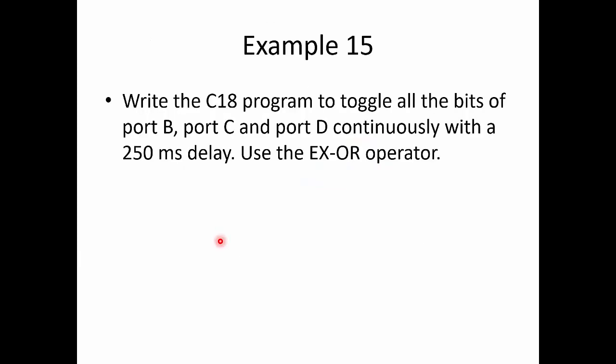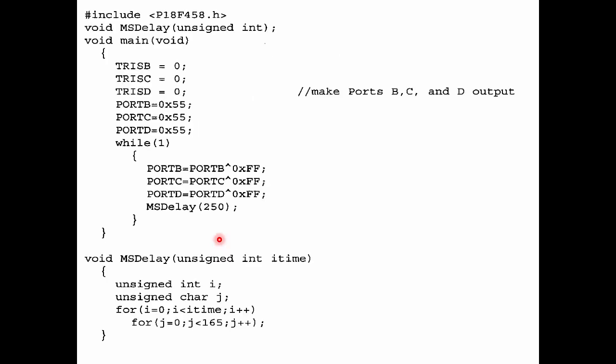And now the same program: write the C18 program to toggle all the bits of port B, port C, port D continuously with a 250 millisecond delay using the XOR operator. The same 250 millisecond delay can be given using the XOR operator. Whatever you are doing in the XOR operation with FF will automatically become the inverter.